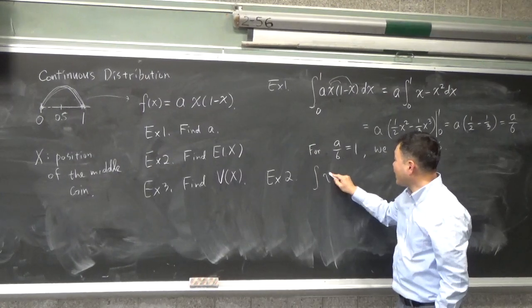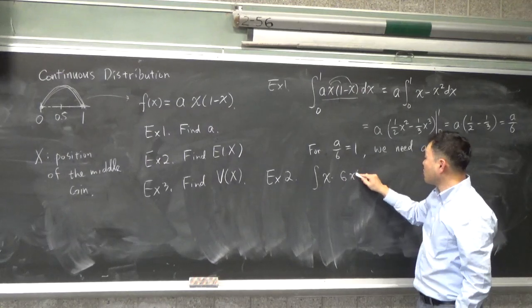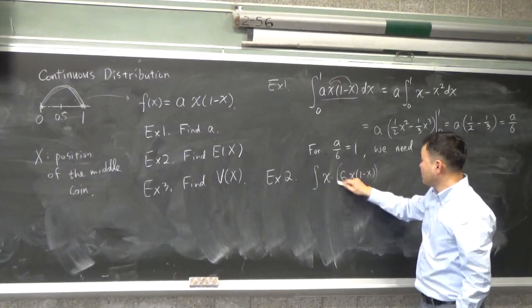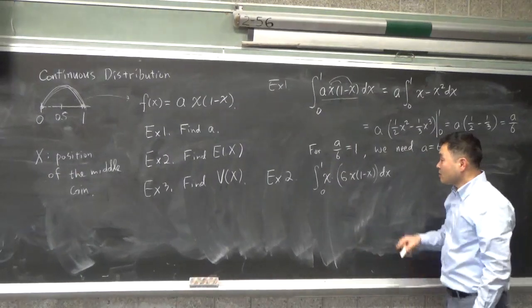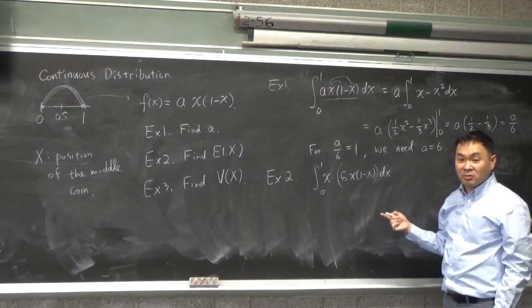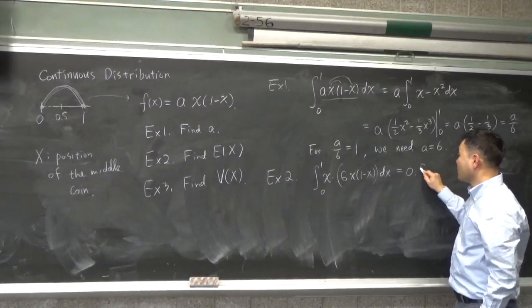If you multiply x times this probability distribution function, 6 times x times 1 minus x dx, and integrate from 0 to 1, it's a very straightforward calculation. You would find that this is equal to 0.5.